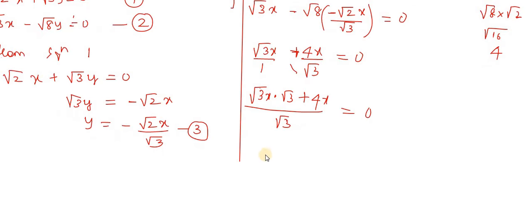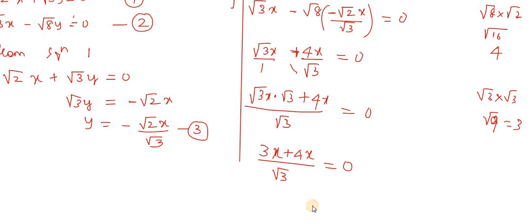Now simplify it. Square root of 3 into square root of 3 becomes square root of 9, since 3 into 3 is 9, and square root of 9 is 3. So you can write 3x plus 4x divided by square root of 3 is equal to 0.